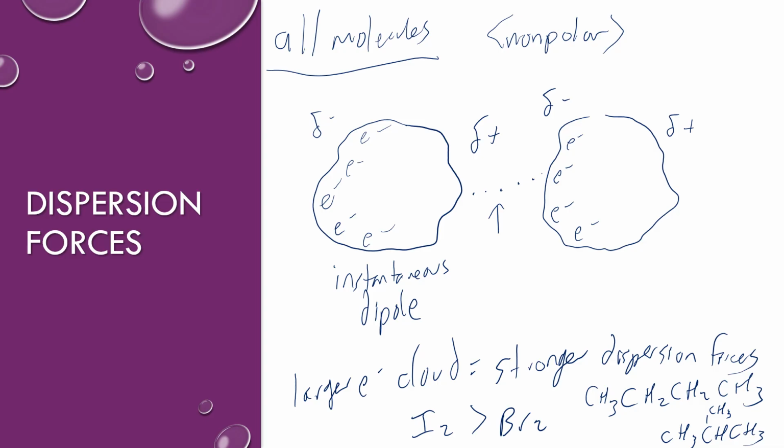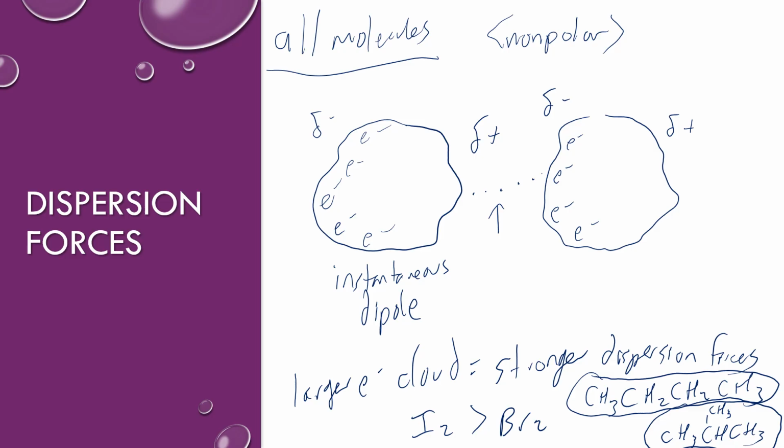Like this, the more oblong one tends to have stronger dispersion forces because it's more likely to form a partial positive and a partial negative compared to a molecule that is more like globular, because it's more round basically. If it's more round, you're less likely to see those opposite positive and negative sides.